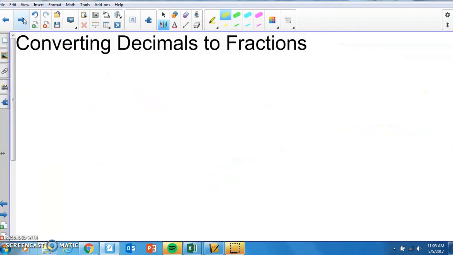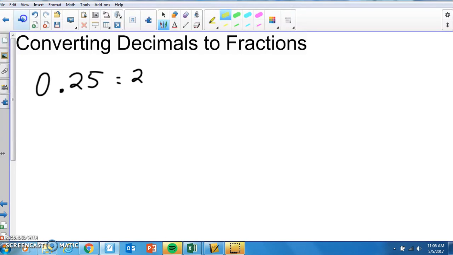All right, let's convert now decimals to fractions. Converting decimals to fractions is another simple process. It's basically reverse. All right, so let's take this one, 25 hundredths, or 0.25, which is still 25 hundredths. What I tell students is, first of all, say it the right way. If we look at this number, we say 25 hundredths.